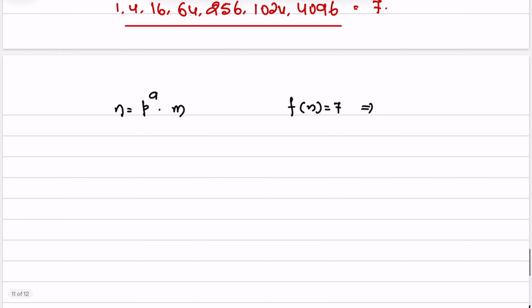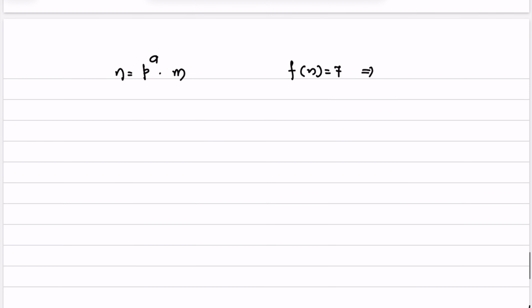And when Fn is equal to 7, it implies the value of a is equal to p to the power of b, let us call it b instead of a, you will get confused unnecessarily. p to the power of b. The value of b is equal to a by 2 plus 1.